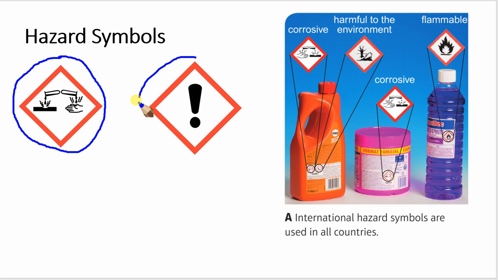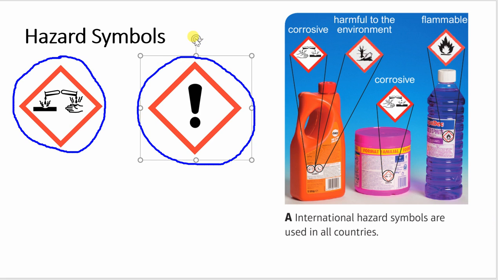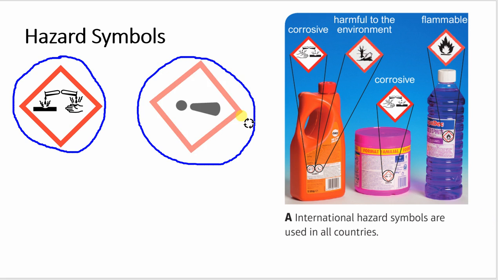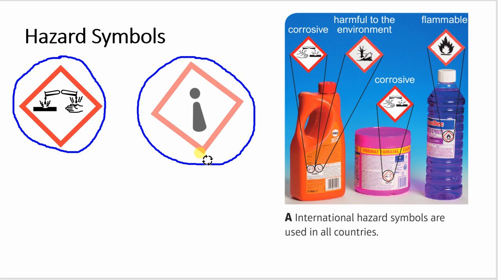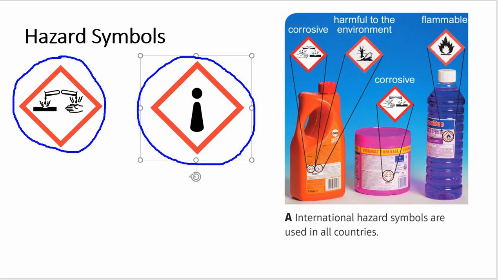This symbol here means harmful, fairly generic, harmful. Now, for the purposes of our work, harmful means irritant. So I'm going to turn this exclamation mark on its head. And when you turn it on its head, you've got the letter I, which is the first letter in irritant.